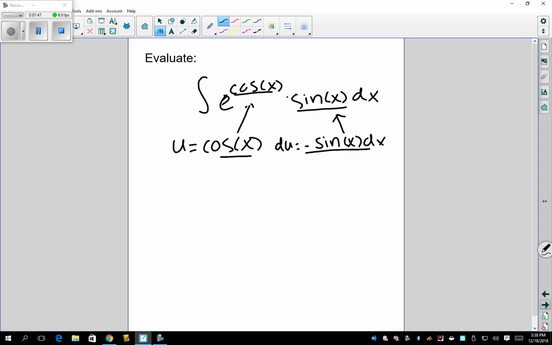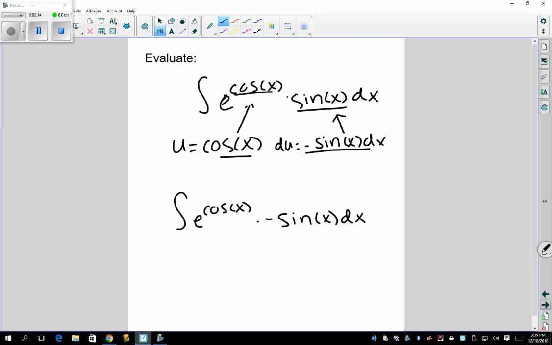And so when I set up this integral, I want to set it up in a form that looks like e to the u times du. So I want to set up my integral as e to the cosine x times du, negative sine x dx.